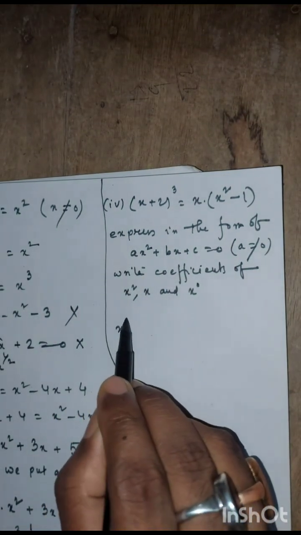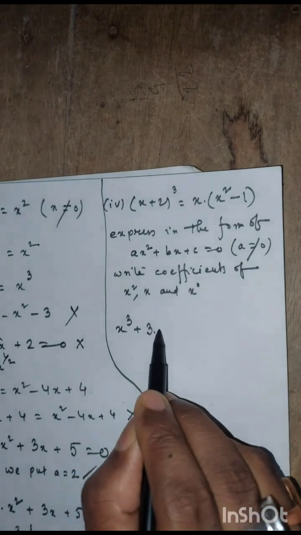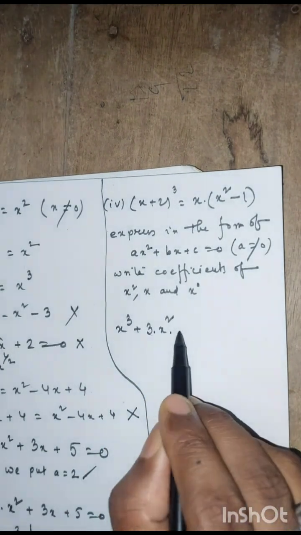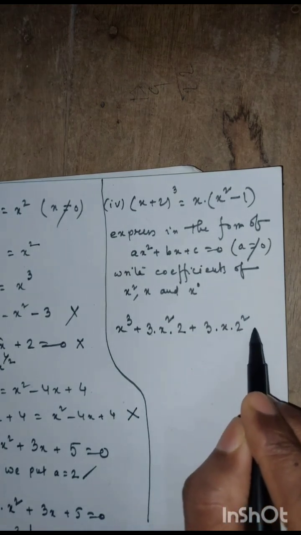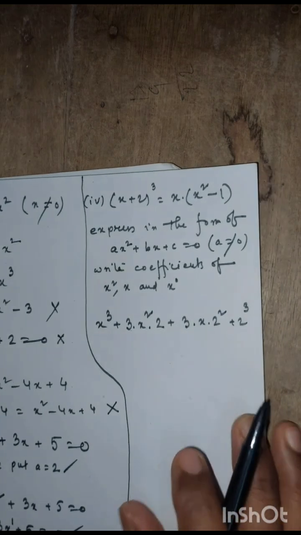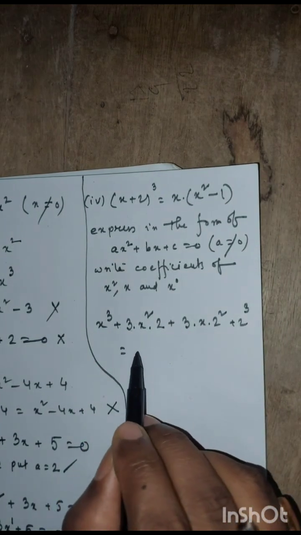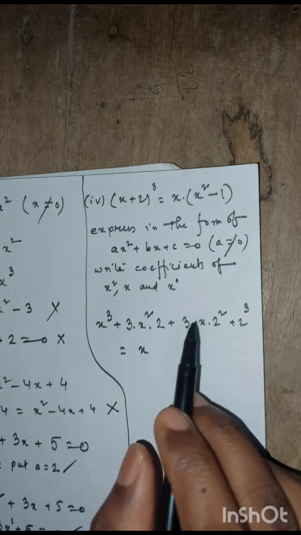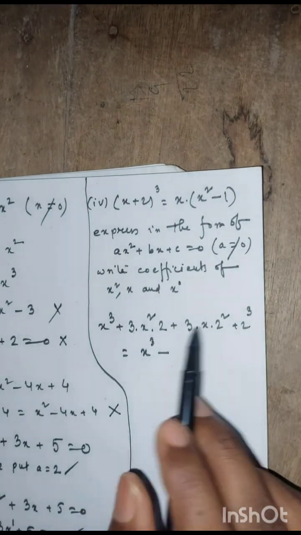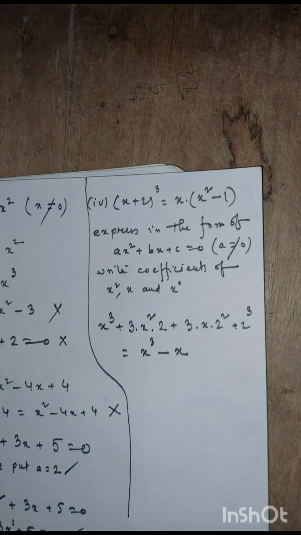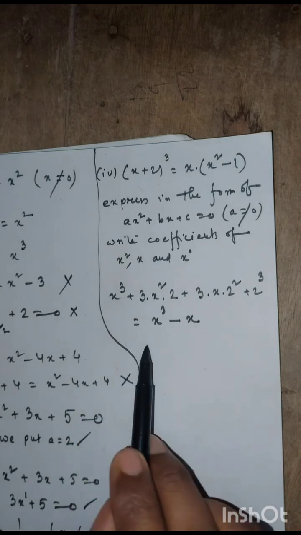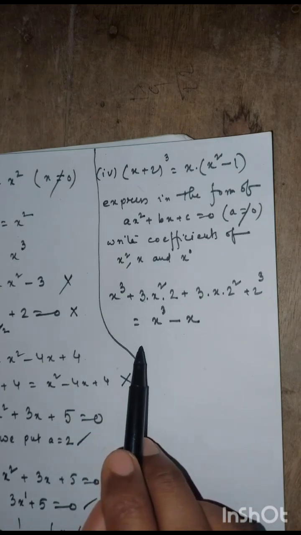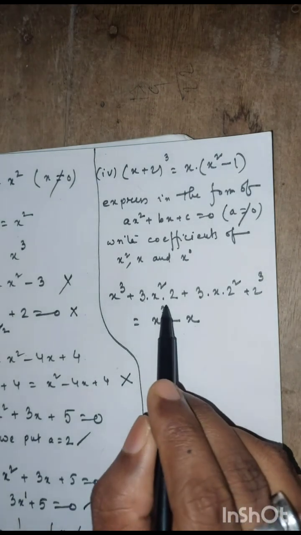So it becomes x cube plus 3 into x square into 2 plus 3 into x into 2 square plus 2 cube equal to x multiplied to x square, it becomes x cube, and x multiplied to 1, it becomes x. So we can see we are getting x cube on both sides of equation. So we can cancel them.